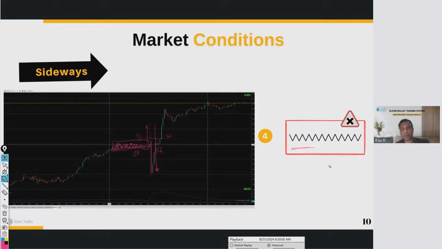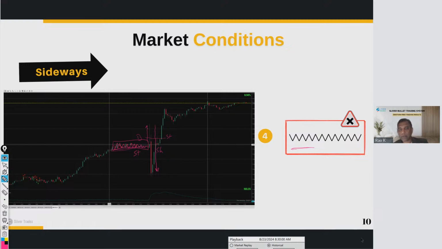So my screen is stuck at this moment. I don't know why it happened. My screen is stuck.